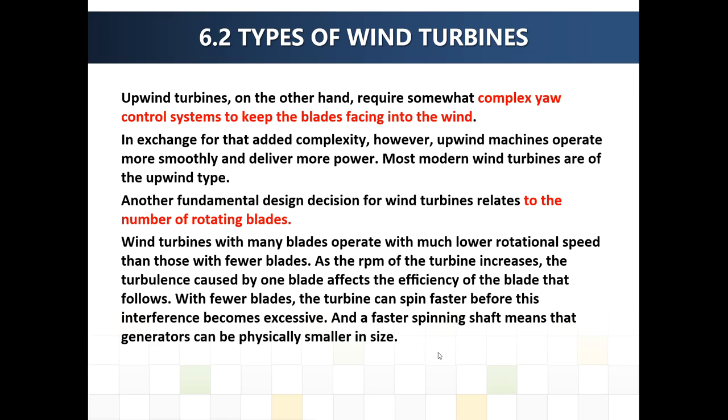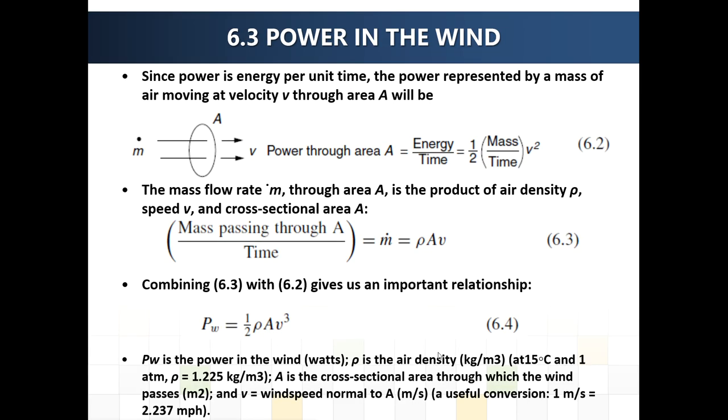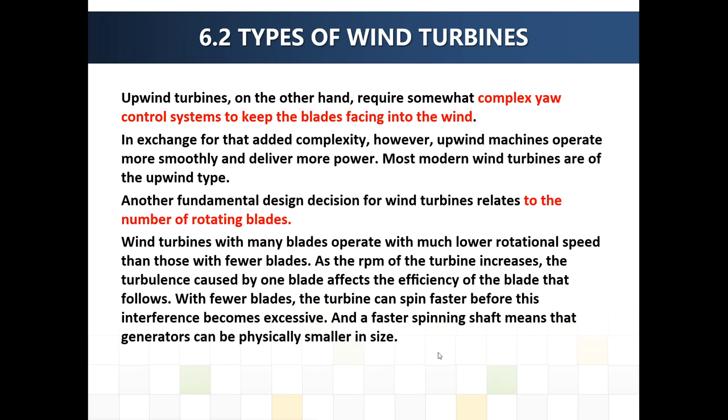With fewer blades, the turbine can spin faster before this interference becomes excessive. And a faster spinning shaft means that the generator can be physically smaller in size. Now we complete Sections 6.1 and 6.2.